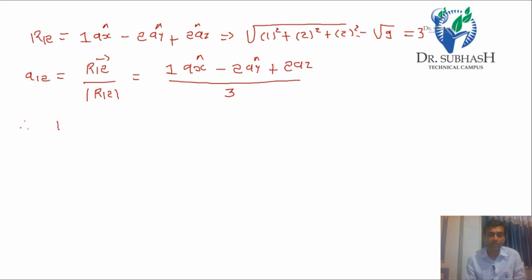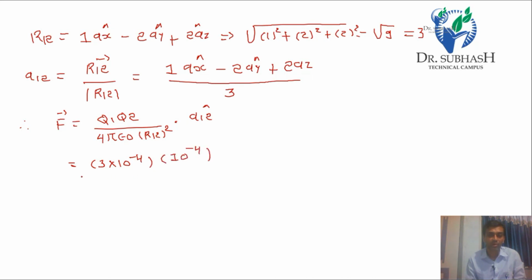Now put the values of q1, q2 in the force formula, which is q1 q2 upon 4 pi epsilon 0 r12 square times the unit vector a12. q1 is 3 cross 10 raised to minus 4, q2 is 10 raised to minus 4, and 4 pi times 1 upon 36 pi 10 raised to minus 9.